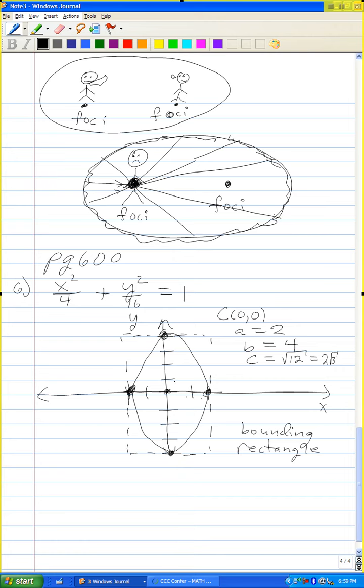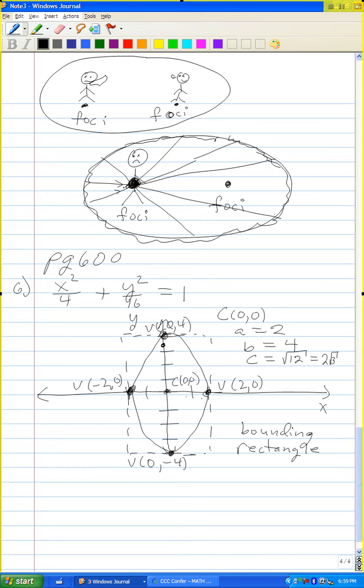So the center is at 0, 0. Vertices at 2, 0, negative 2, 0, 0, 4, 0, negative 4. And then the, so 2 radicals, so it's around here.